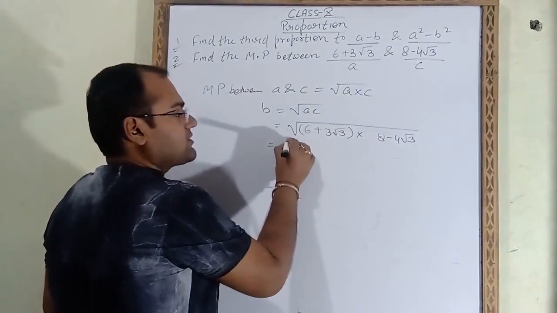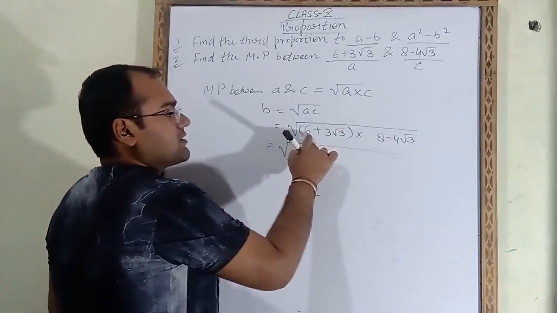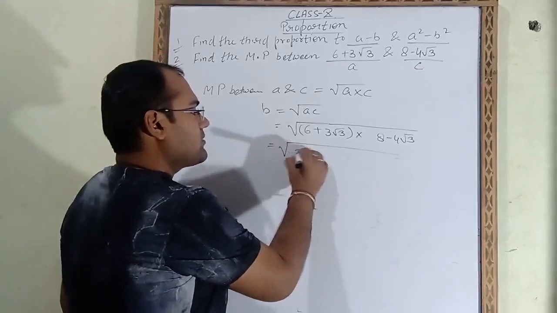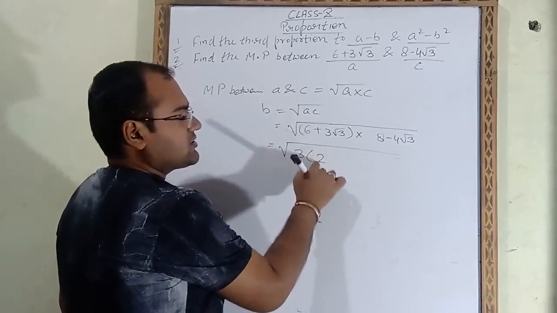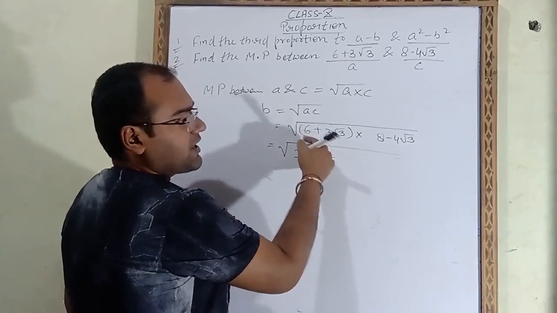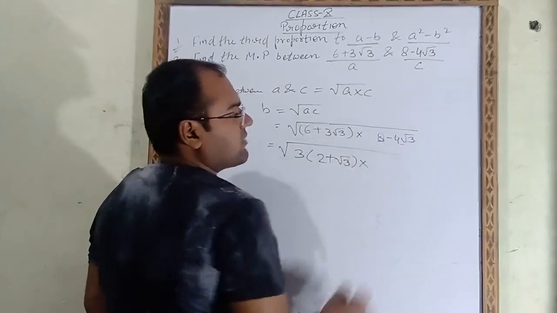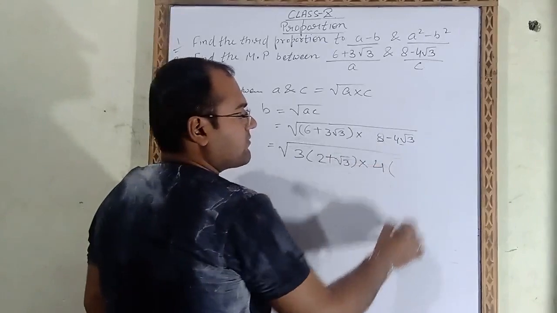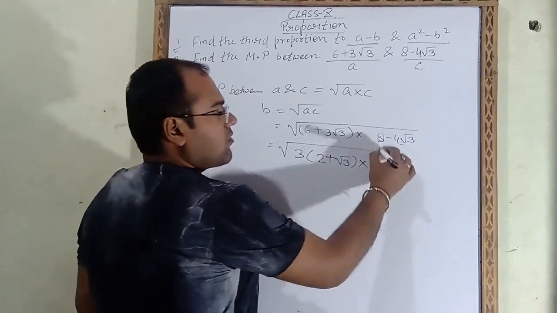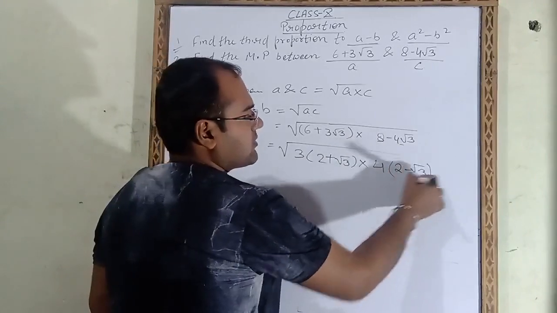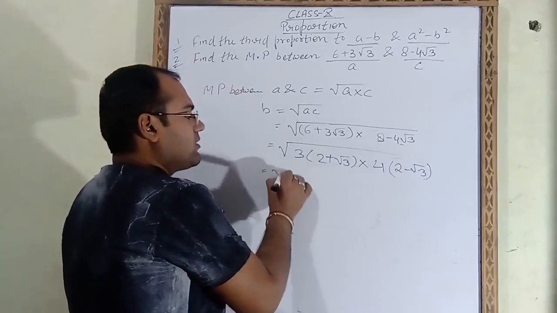Now what will be the next step? From these two terms we will take common. 3 we will take common. So 3 to the 6, 2 plus 3 we will take common, so root 3. From here also we will take 4 common. When we will take 4 common, 4 to the 8 minus 4 we have taken common, root 3.